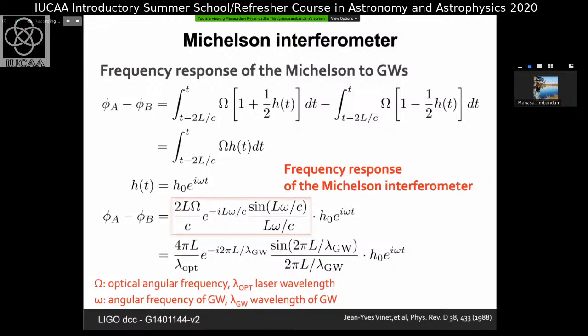So we'll work out the frequency response of the Michelson interferometer. As we saw earlier, we'll define the differential phase. And the term in the red block defines the frequency response of the interferometer itself.